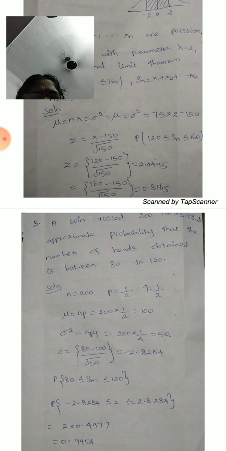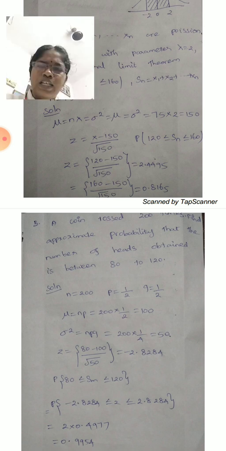Here a coin toss follows a binomial distribution, therefore we know that mu equal to np and sigma squared equal to npq. Therefore mu equal to n equal to 200 into p is 1 by 2, simplifying, the answer is 100.